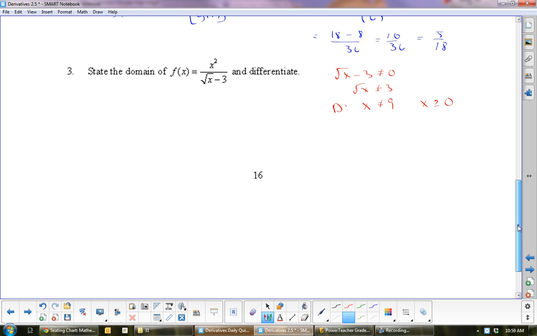Okay, so to do the derivative of this one, I would still always recommend taking your radicals and turning them into exponents. So we could do x squared over x to the 1/2 minus 3.